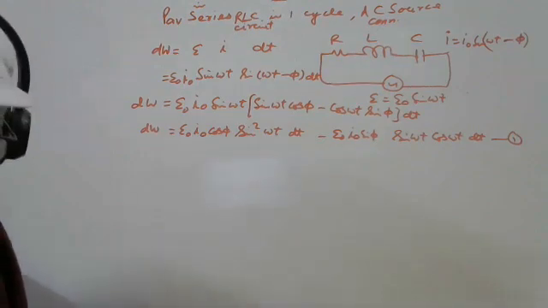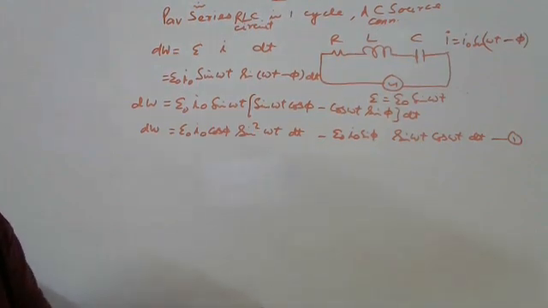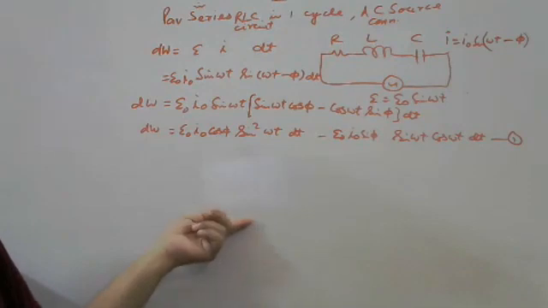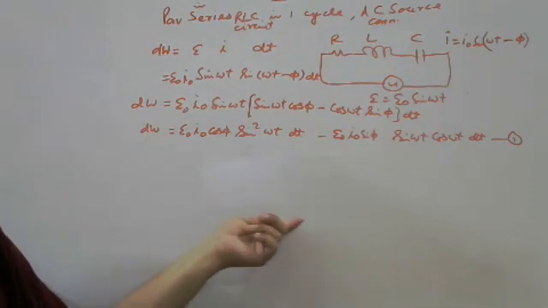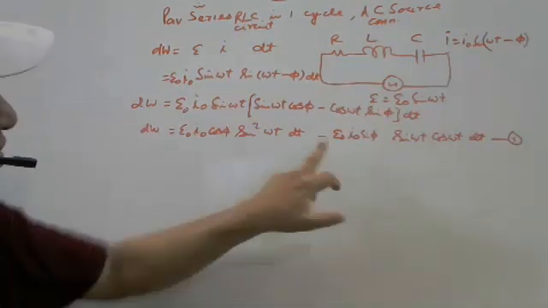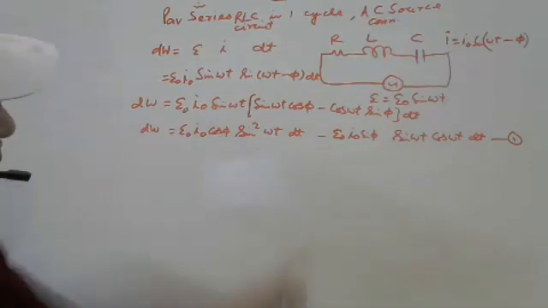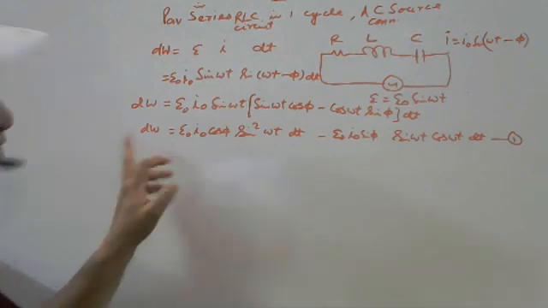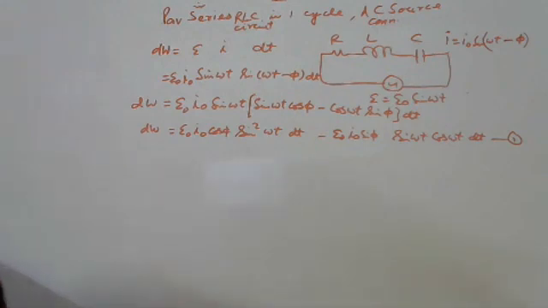The only thing is you must know the formula of sin A plus or minus B. Again repeating, sin A plus B means sin A cos B plus cos A sin B. If minus sign is there, you put minus sign here. So simple. If any doubt is there up to this, you tell me, otherwise I will integrate it to find out the total work done in one cycle.